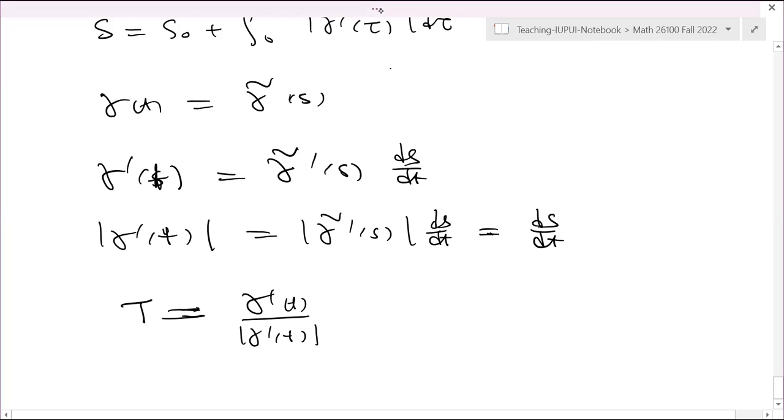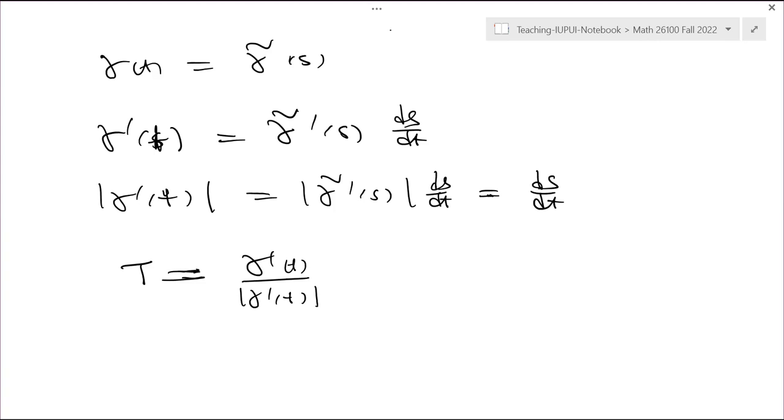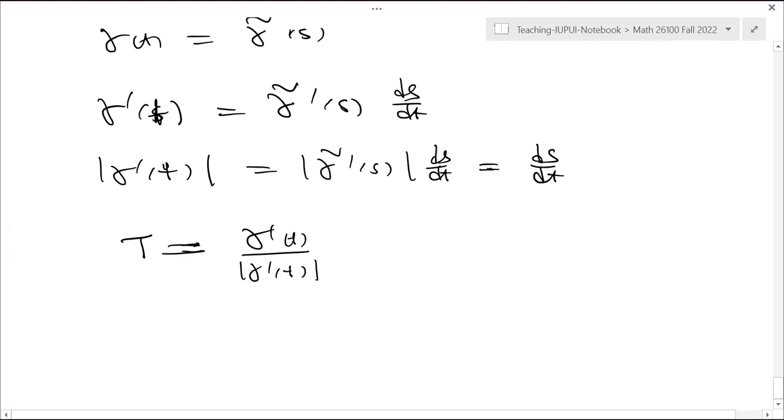So this is our identity. This can be a function of t, this can be a function of s. So it's easy to find the T.